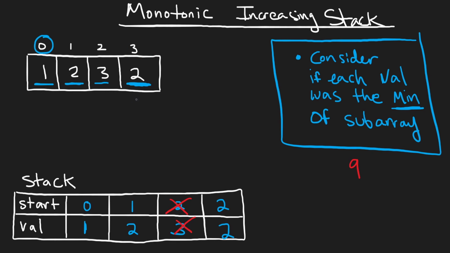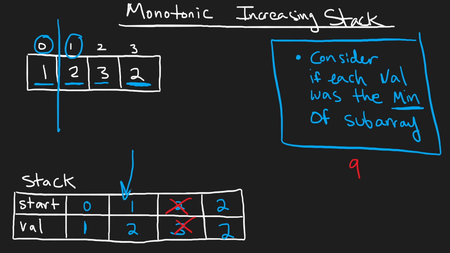And technically, you might think that, okay, well, can't this actually be extended even one further over here, right? Because this subarray also has a minimum value of 2. And yes, you're technically correct, but that's actually not necessary because that is already stored in our stack. We see 2, 1 is here. This 2, 1 tells us that this 2 is the minimum value of a subarray starting at index 1.